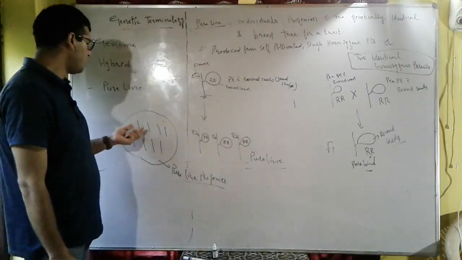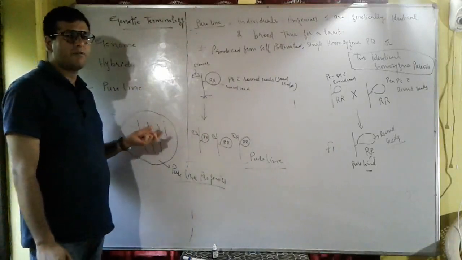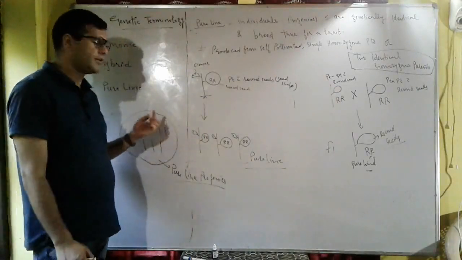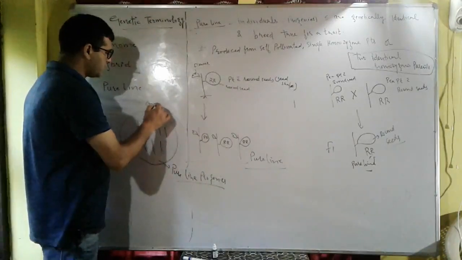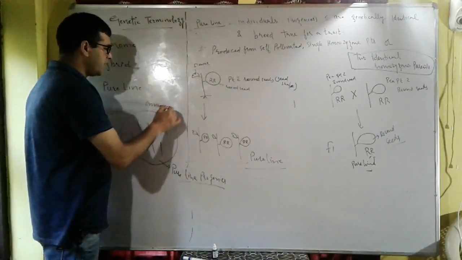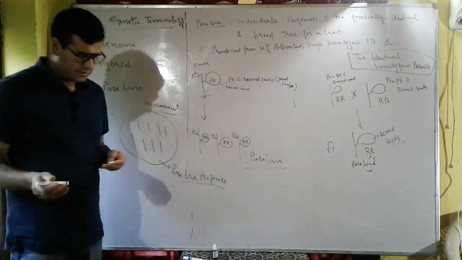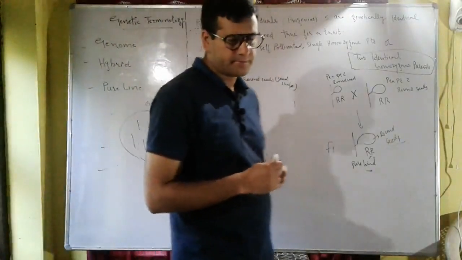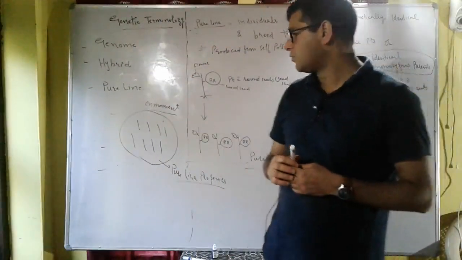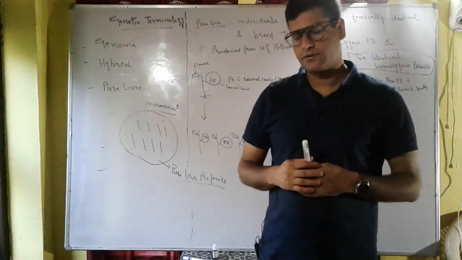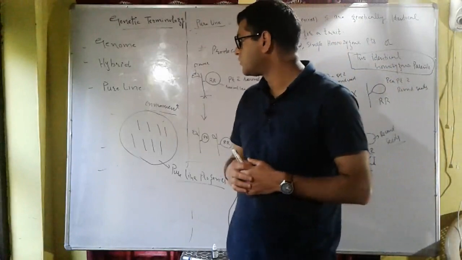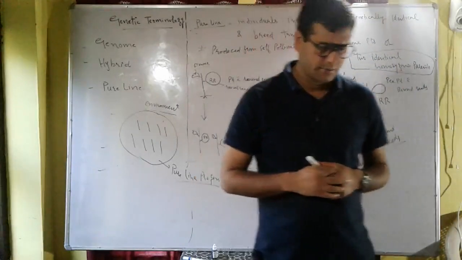Now if there is some variation in an individual, that would be solely due to the environment and not by genetic means. So we can say that in pure lines also variation can exist, but that is solely due to the environment. And this was regarding the genome, hybrid, and pure line. Thanks.